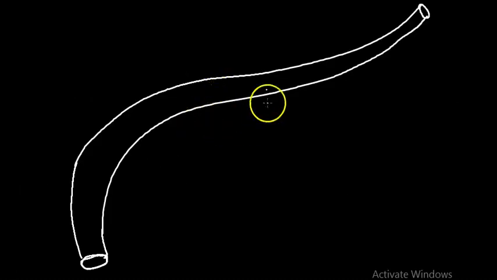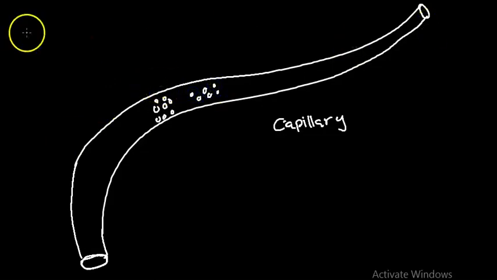Here is a rough sketch of a capillary. And here from the inside, we have a rough drawing of blood cells and some dissolved solids. And this process, let's call it the filtration.